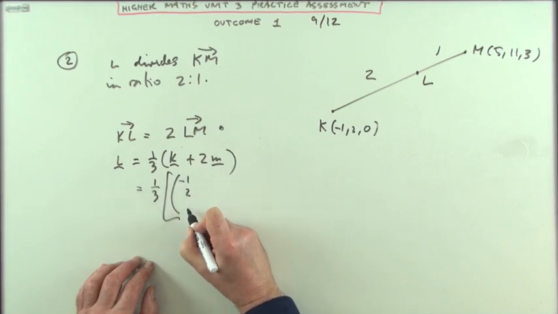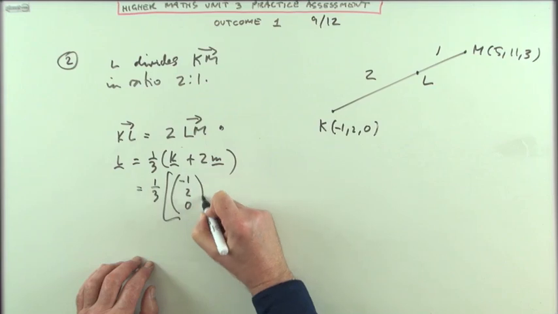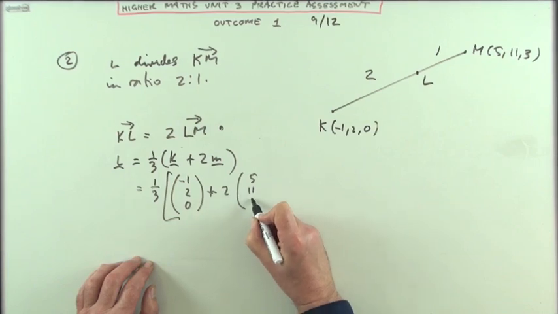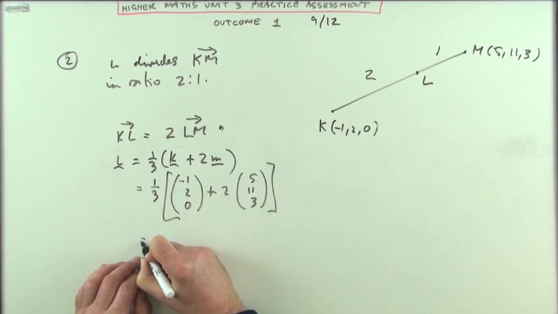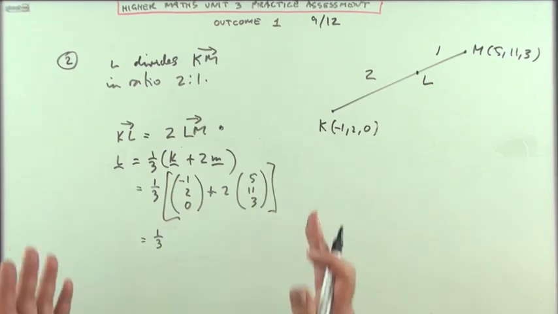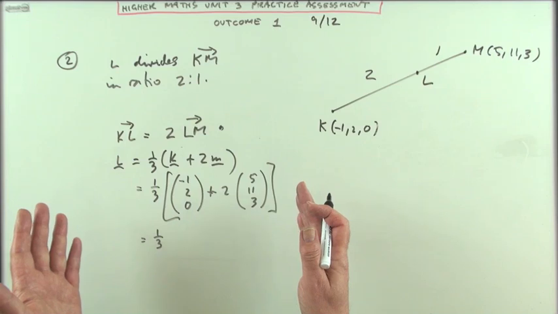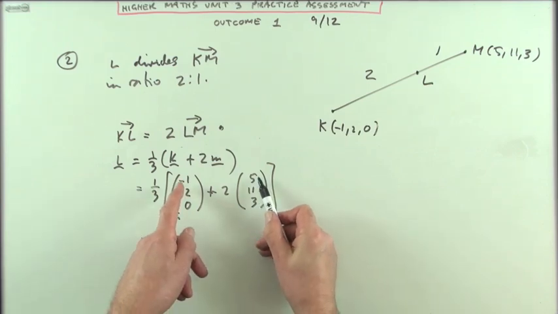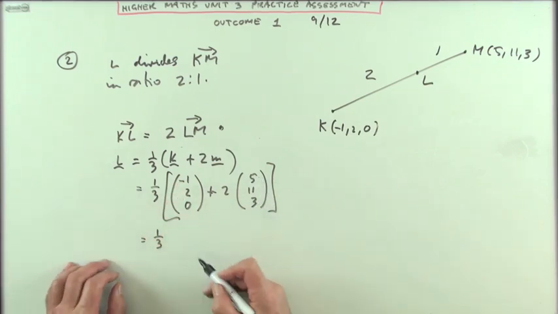So K would be -1, 2, 0, plus 2 lots of 5, 11, 3. The second mark comes from, according to the scheme, starting to evaluate the components. So it's not sufficient just for the substitution, there has to be an evaluation.